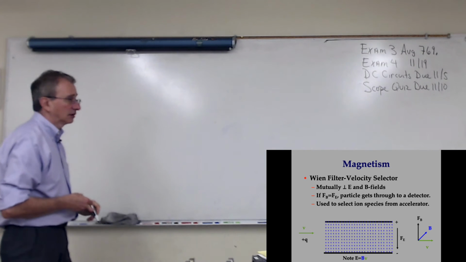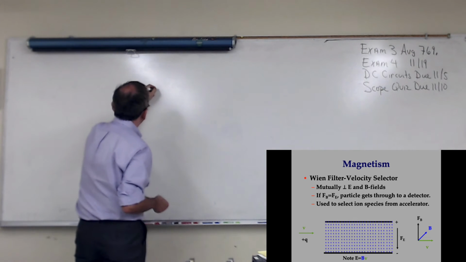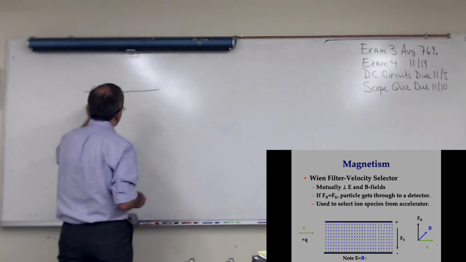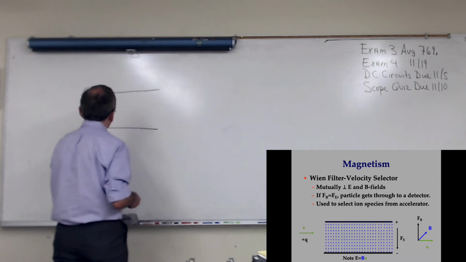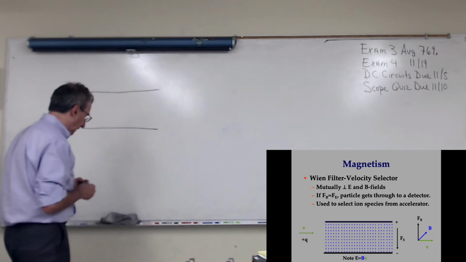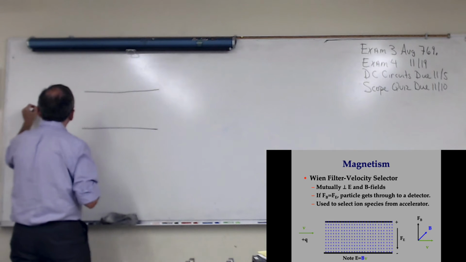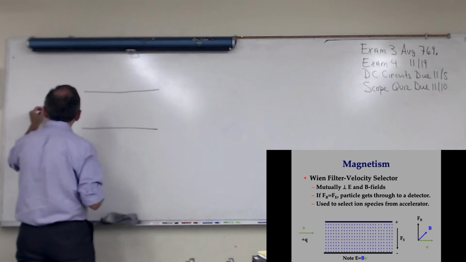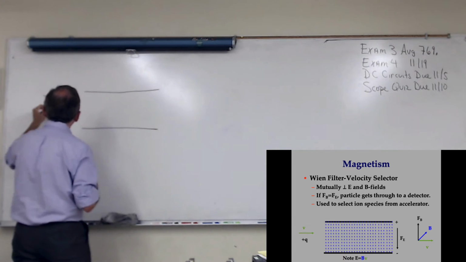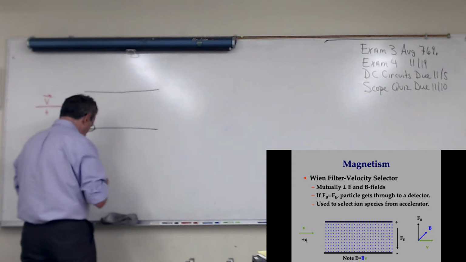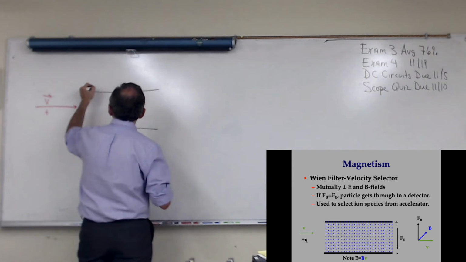Let's say we have a set of plates, and I have a beam of positively charged particles moving to the right. Let's make the top plate positive.